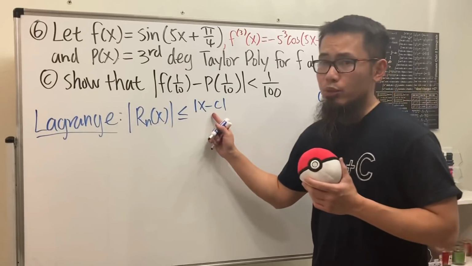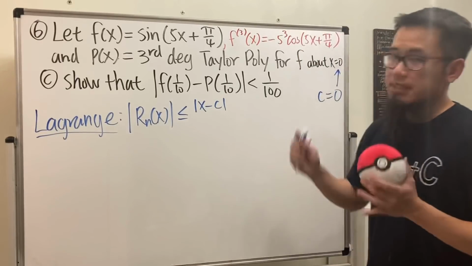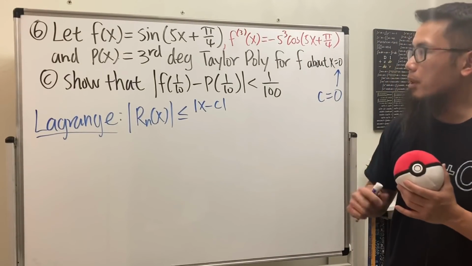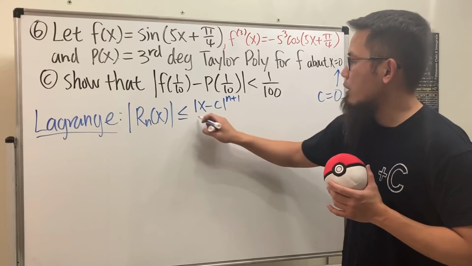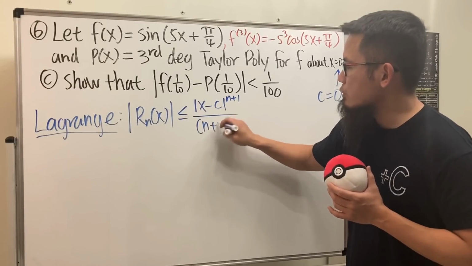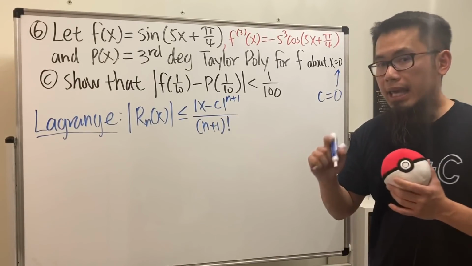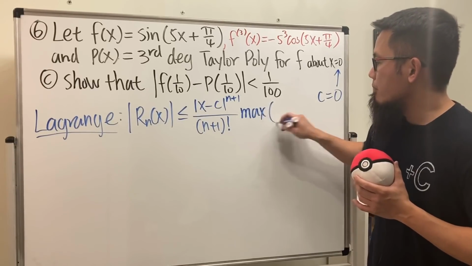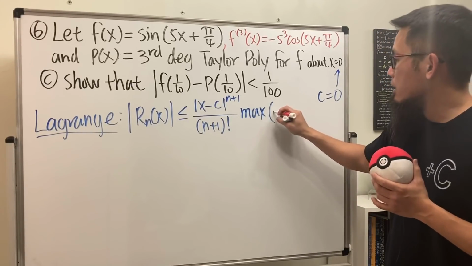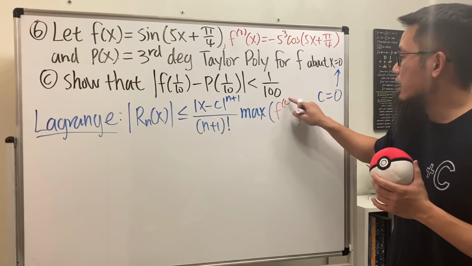Some textbooks may use a, right? But you have to know that that's the center of the Taylor polynomial. All right, we have this raised to the n plus 1 power and then divided by n plus 1 factorial, and we are going to multiply by the maximum of the fourth derivative in our case.